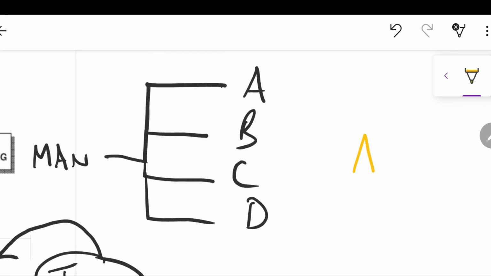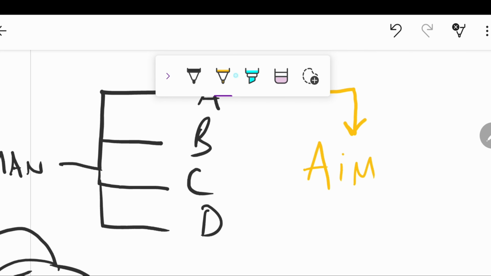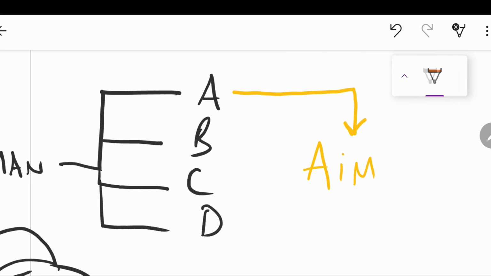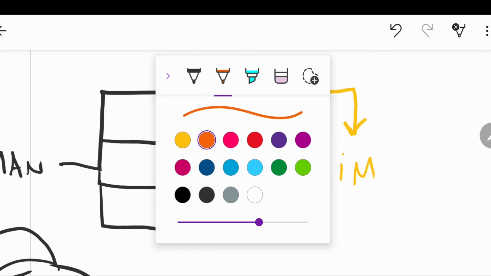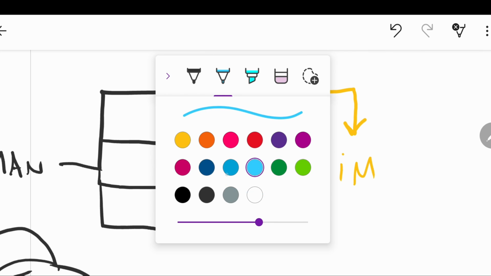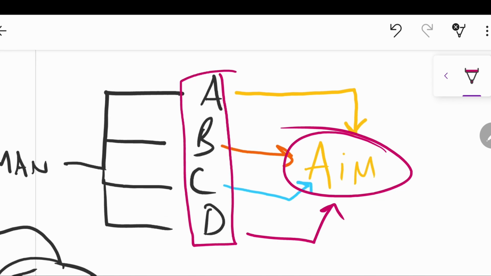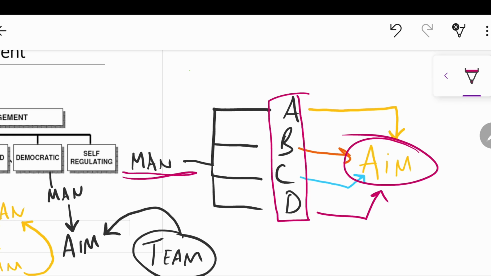So the manager has a specific aim. However, each department is independently making decisions which coincide with the aim. A has an independent view in regards to the aim. B has an independent view. We have C, which has an independent view. And we have Department D, which has an independent view. So all these are independent, but they all coincide with the aim delivered from the manager.